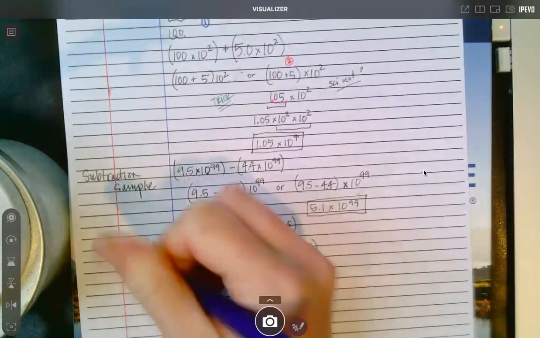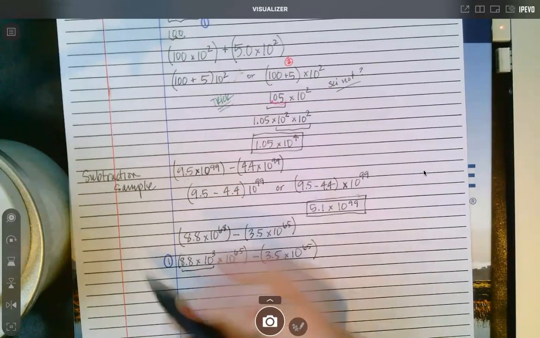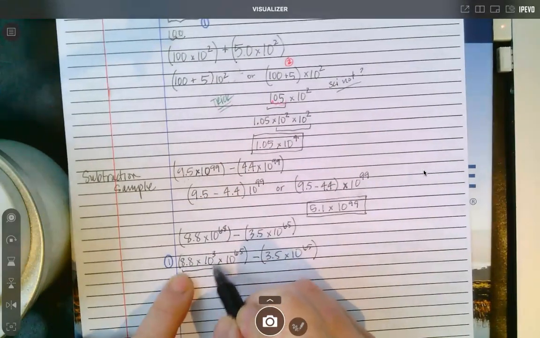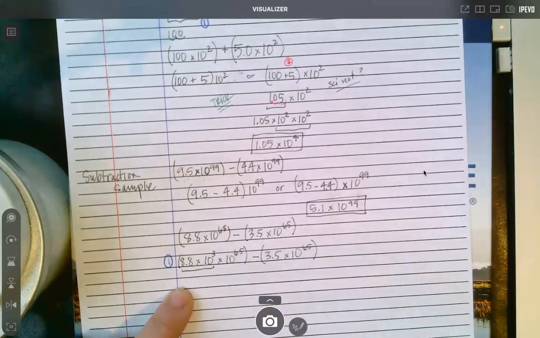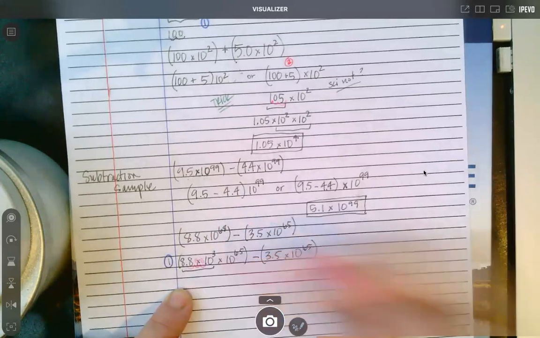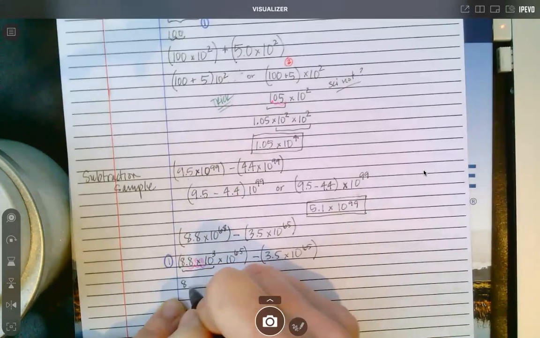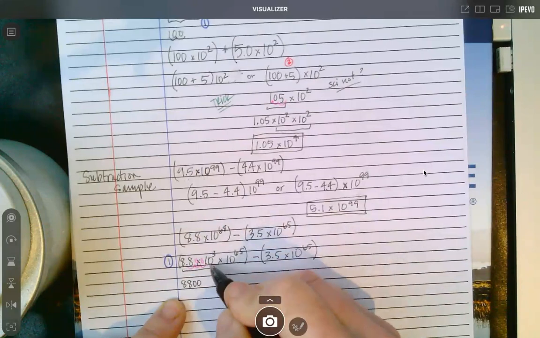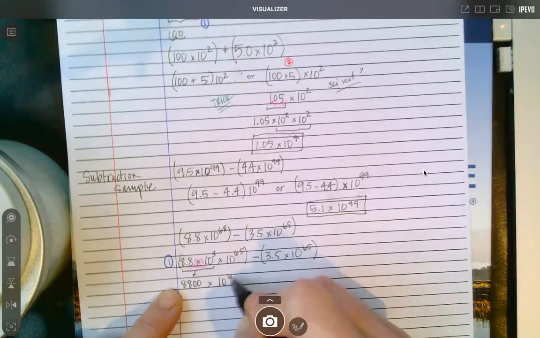So this is my step one. I am rearranging, right? And now if I want to solve this out to expanded form, it's going to be 1, 2, 3 places. And I can go ahead and rewrite this as 8,800, the equivalent right there, times 10 to the 65th.